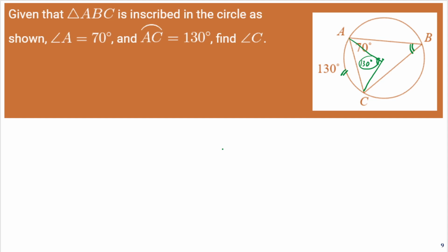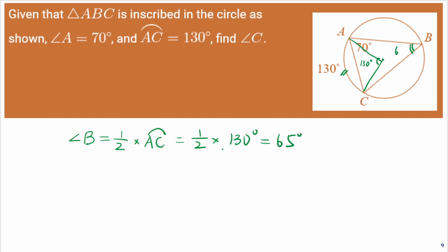Or you could directly consider this as angle B is half of the arc AC. So that means angle B equals 1/2 times arc AC, which is half of 130 degrees, which gives us 65 degrees, right?